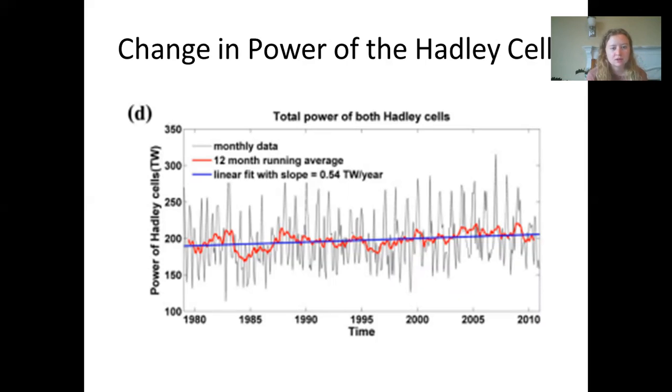So take that into account looking at the conclusions of this. But the linear fit has a slope of 0.5 terawatts per year. So based on this data, there is a general trend of increasing power of the Hadley cells over time and with climate change.